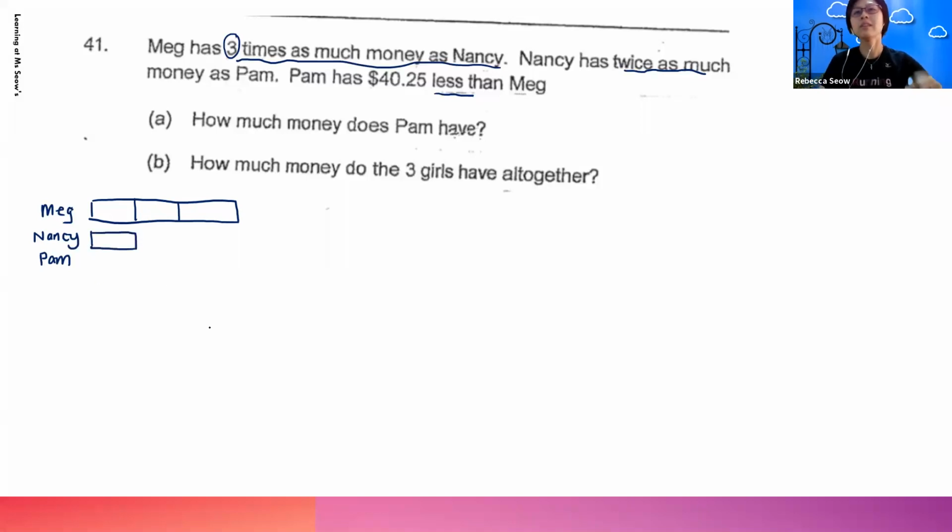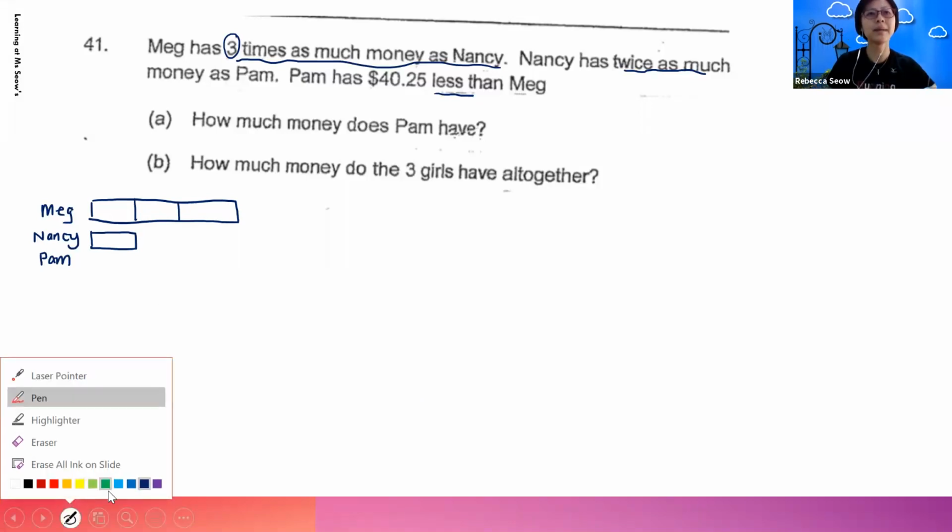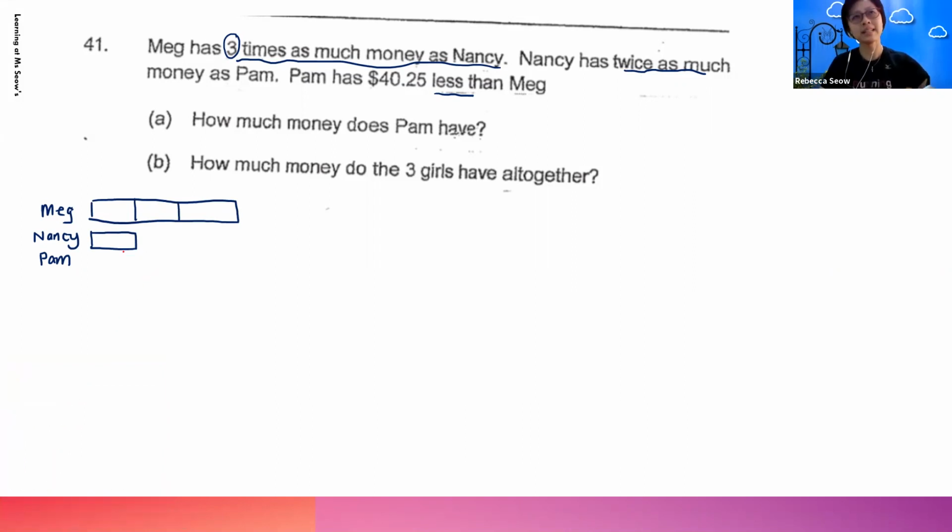Now we move on to the second sentence. Nancy has twice as much money as Pam. So now we are not looking at Meg anymore. We are comparing Nancy and Pam. The question mentions that Nancy has twice. In other words, what Pam has is actually half that of Nancy.